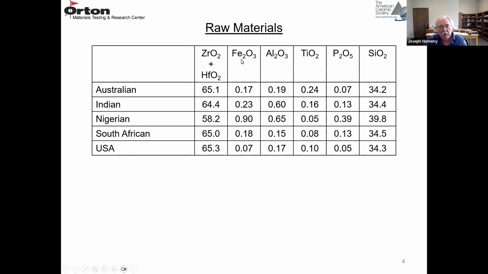And the impurities are typically Fe2O3, Al2O3, TiO2, and P2O5. So this one from Nigeria probably has some silica present as quartz in their raw material, because the impurity level isn't any higher than the other ones. So about 65% ZrO2 and about 35% SiO2 with these impurities.